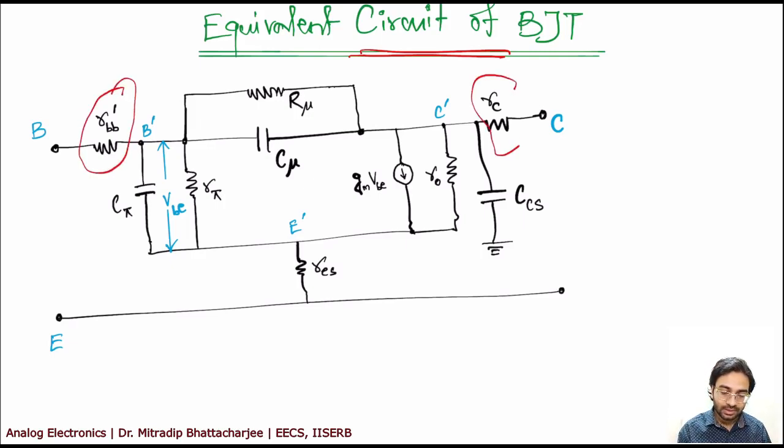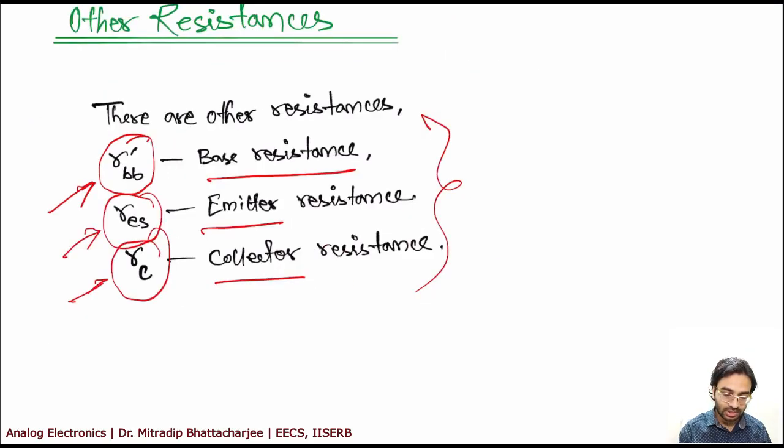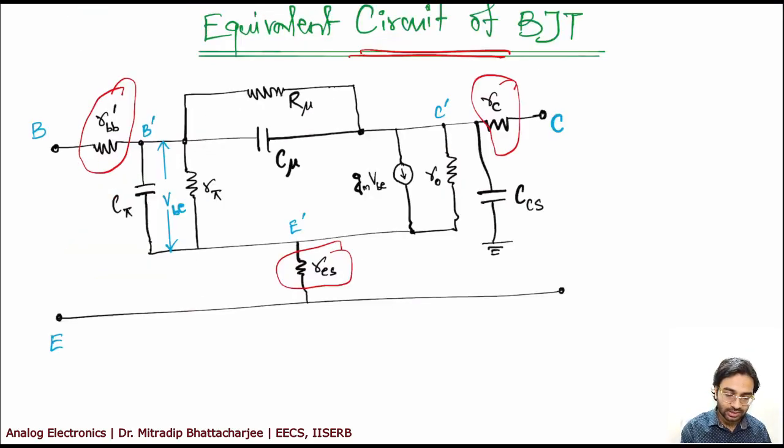And then you have these resistances connected, which I just calculated. In many cases you will just use the B dash, E dash and C dash terminals and neglect these resistances. But for the sake of understanding, it is better to know that there are resistances as well.